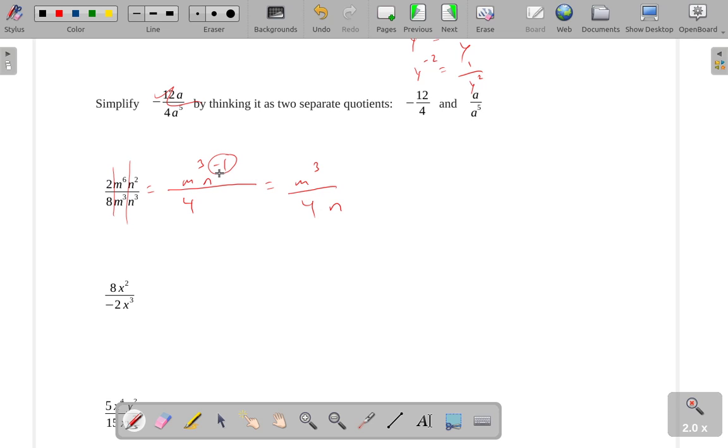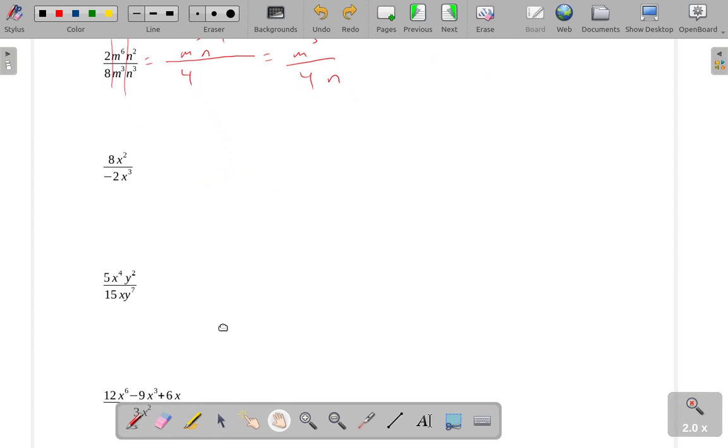Negative 1 is not a positive integer. So this would not be a good final ending point, because your exponent is not a positive integer. However, if you move it down into the denominator, that one is a positive integer, so you'd be good there.